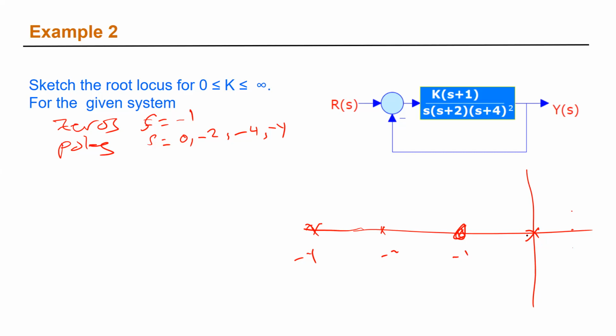So this area must be in, because I have only one pole. How about this area, between -1 and -2? No. How about this area? No. And then we'll continue to infinity.